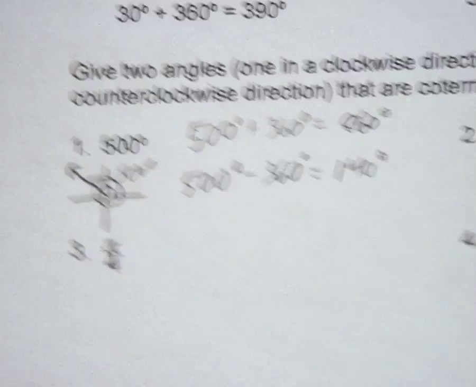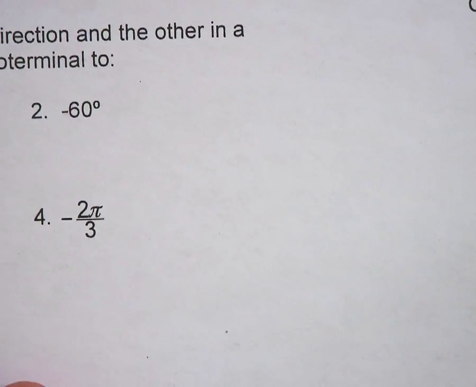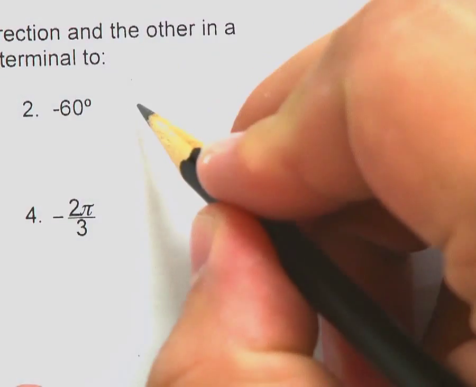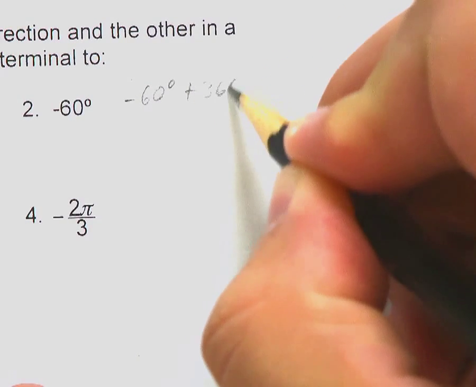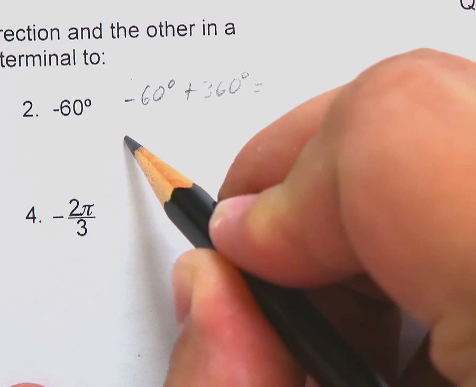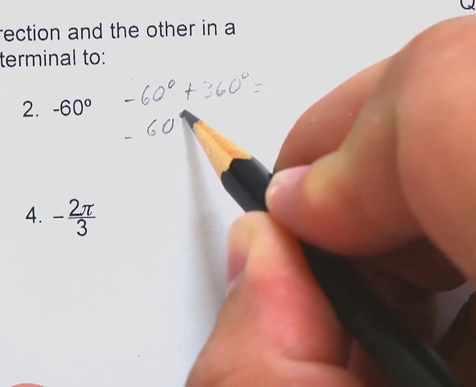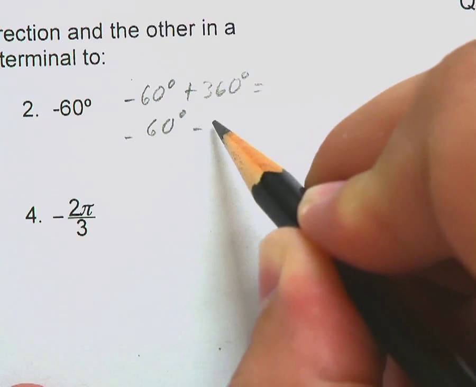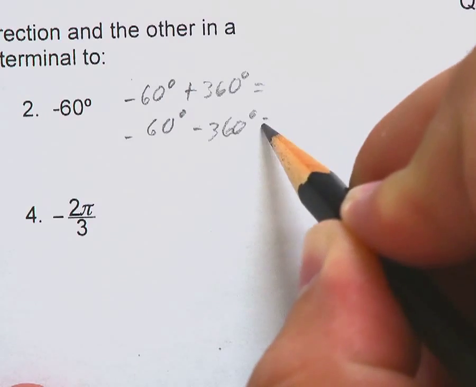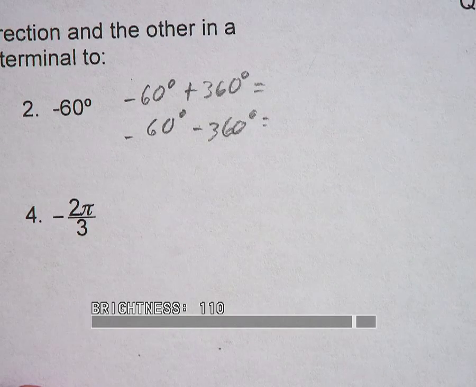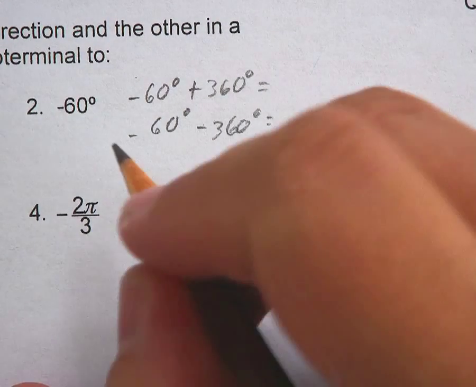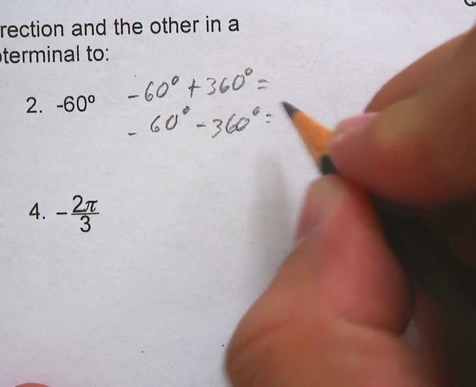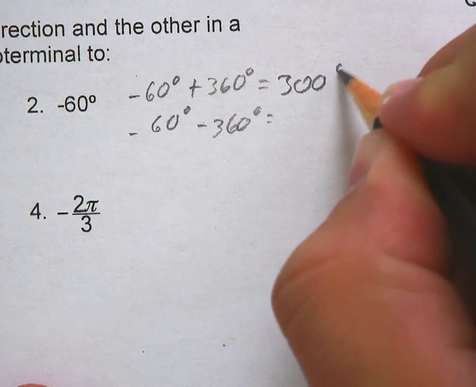So this is the algebraic method again. Start with negative 60 degrees. Add 360 to negative 60 degrees, and subtract 360. So negative 60 plus 360 is 300 degrees.